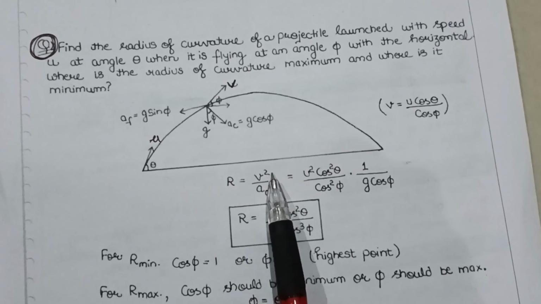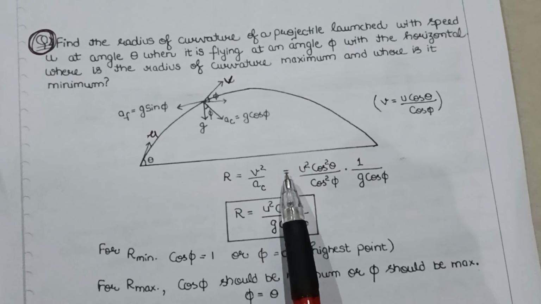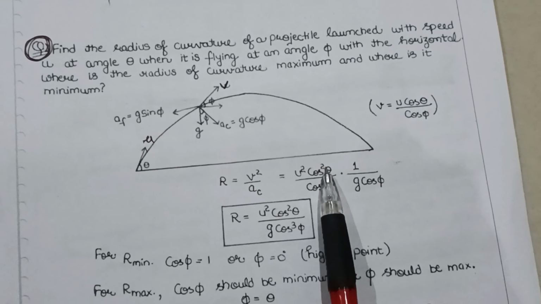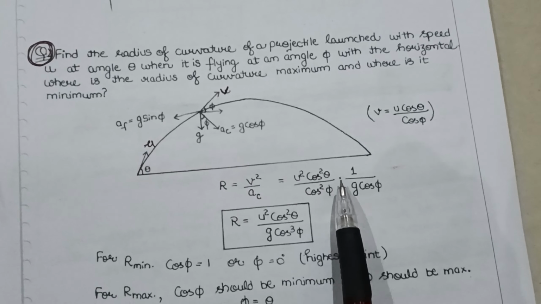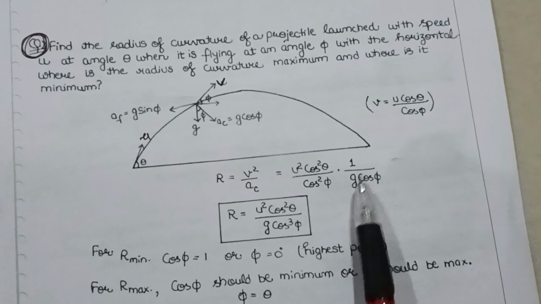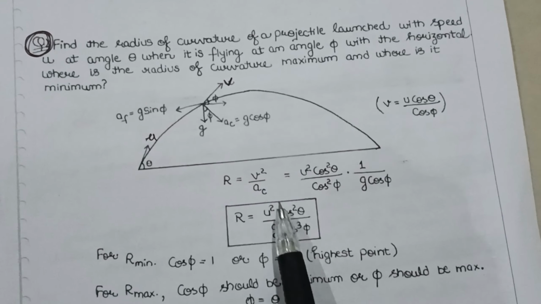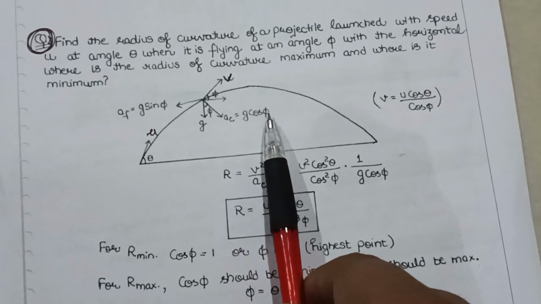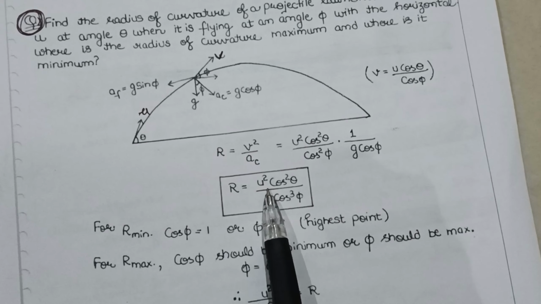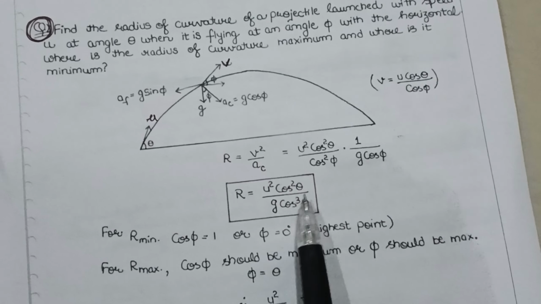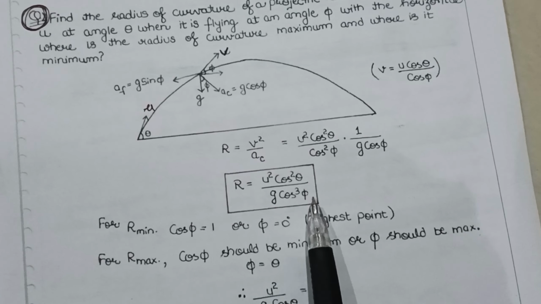Therefore, v square upon centripetal acceleration is equal to u square cos square theta upon cos square phi, into 1 upon g cos phi. Here centripetal acceleration is equal to g cos phi. Therefore, the radius of curvature is equal to u square cos square theta upon g into cos cube phi.